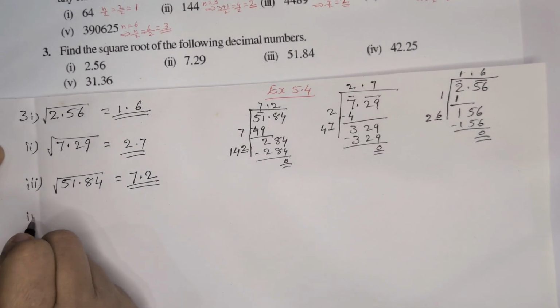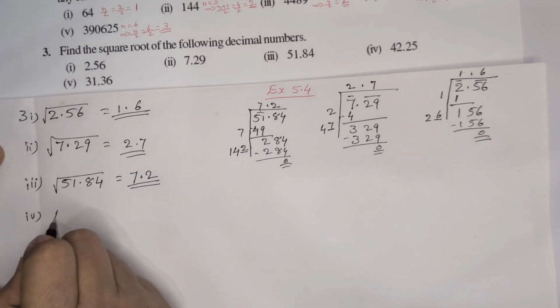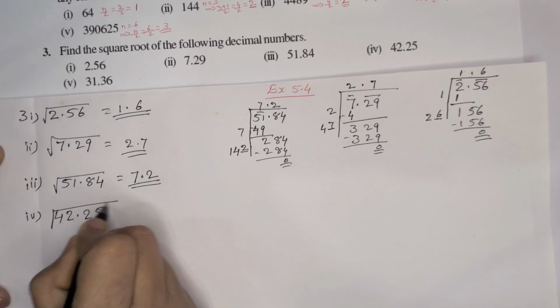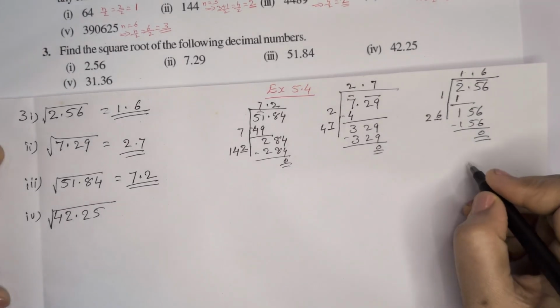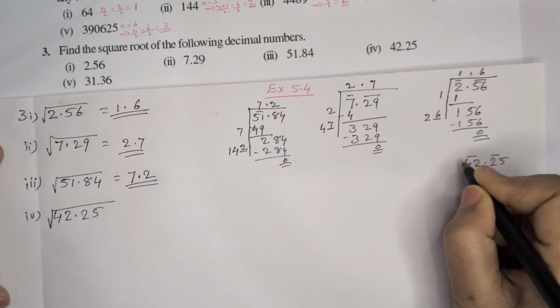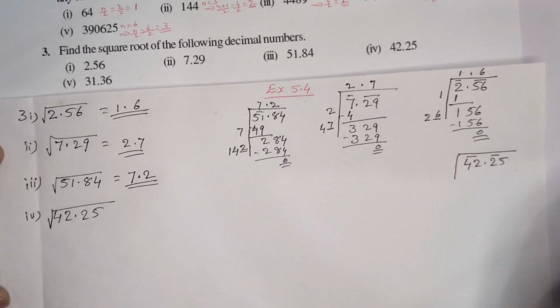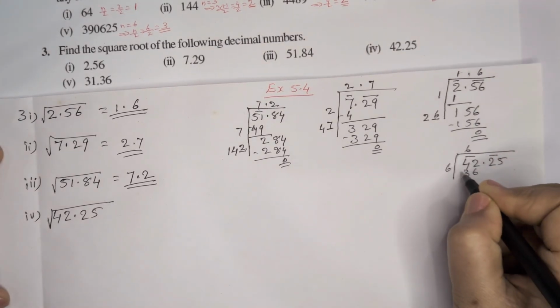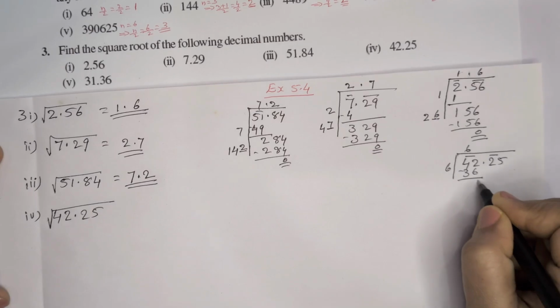Next number, 42.25. So we can write 42.25, group that. Below 42 the perfect square is 36. So we can take 6, 36, minusing will come 6, the remainder.